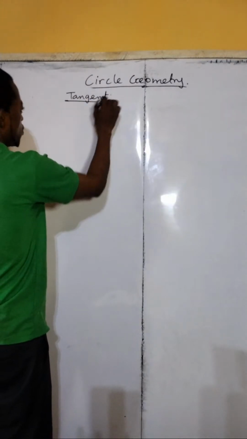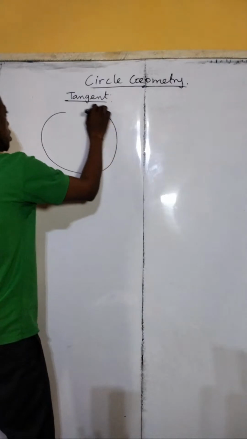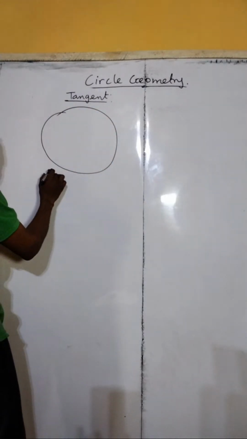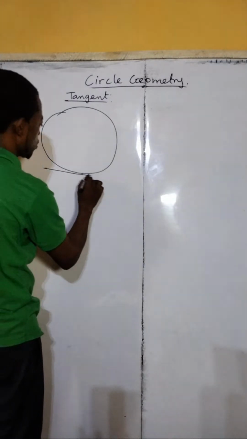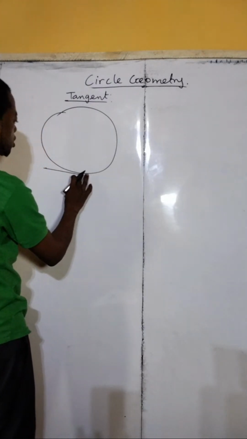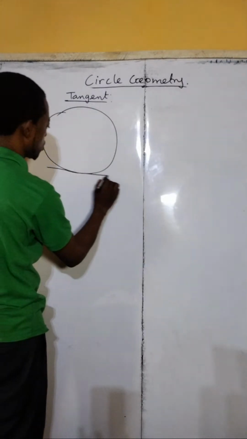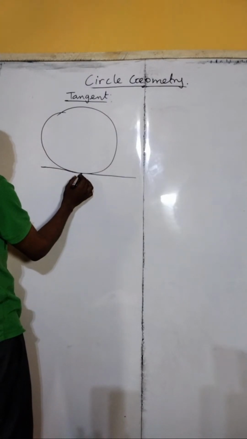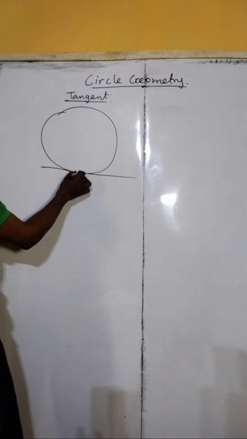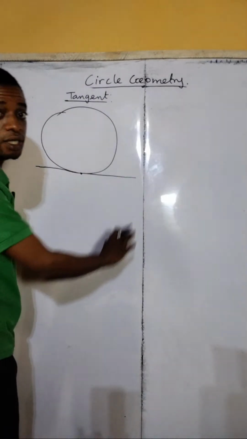When we see something called a tangent, a tangent is simply a line that touches a circle at a point. So it has a point of contact at the circle. So that line is what is called a tangent. Okay. So it touches a circle at a point. This point here is called the point of contact. And this line drawn here is what is called a tangent.